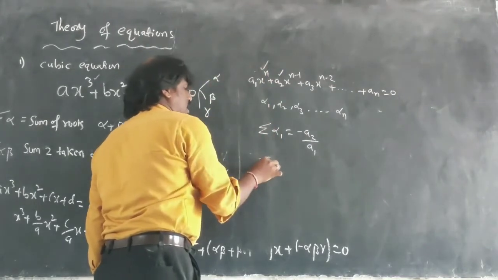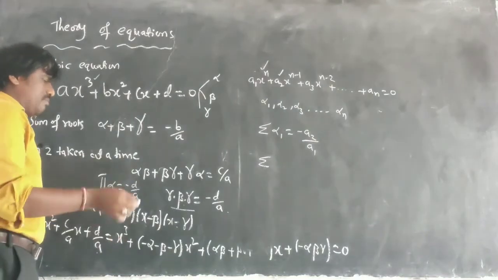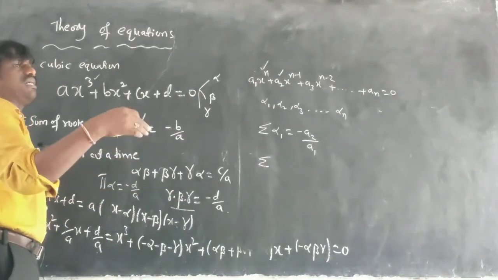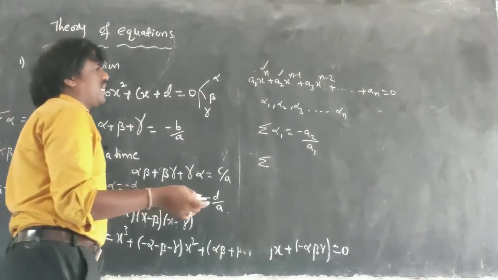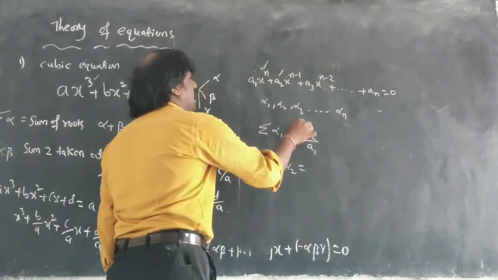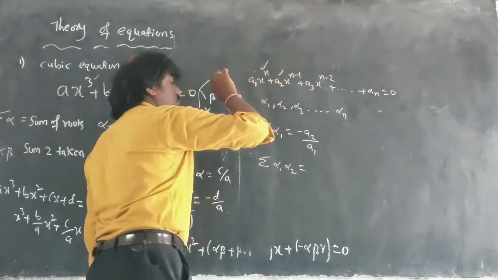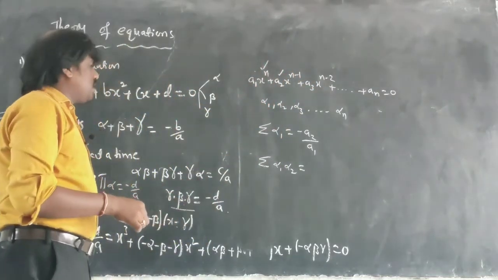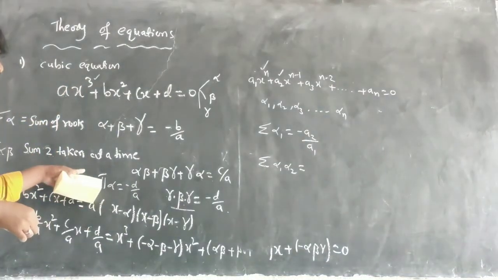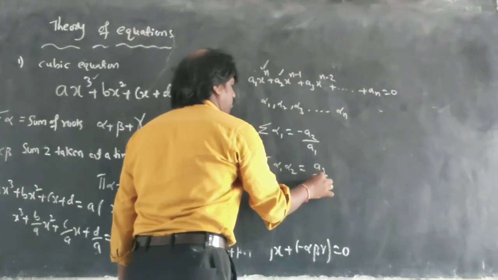And sigma alpha taken 2 at a time, 3 at a time, like that will come, right? So when I take alpha 1 alpha 2, at that time I get a3 by a1. Are you getting it here? See here, you take c by a, the coefficient of a always, so a3 by a1.